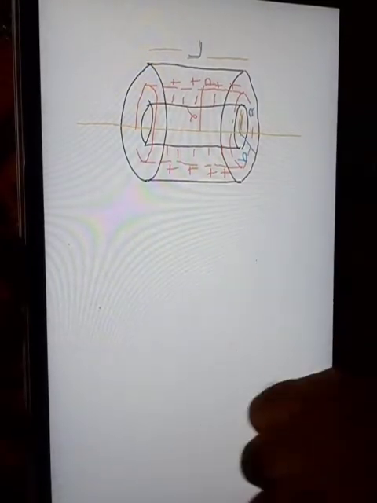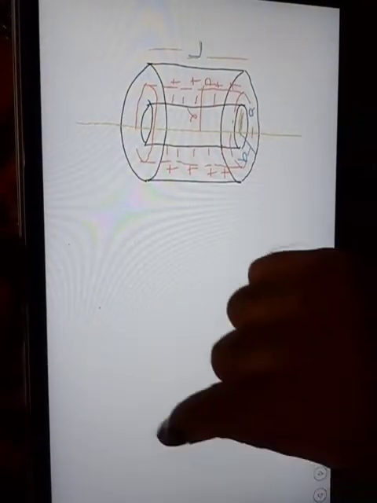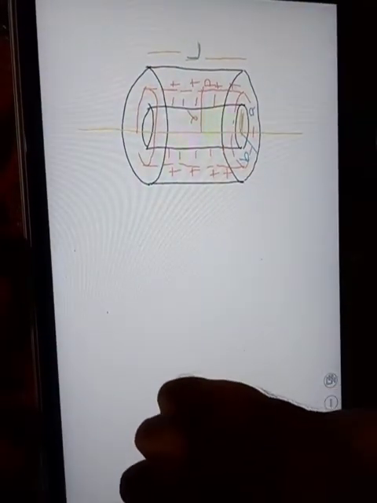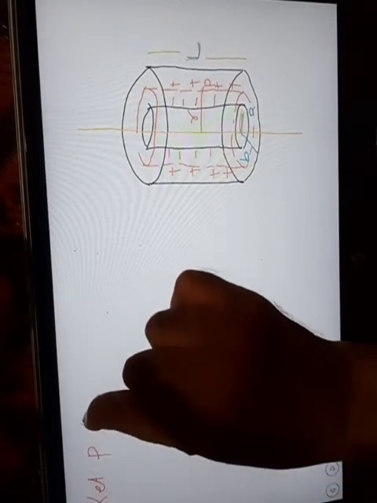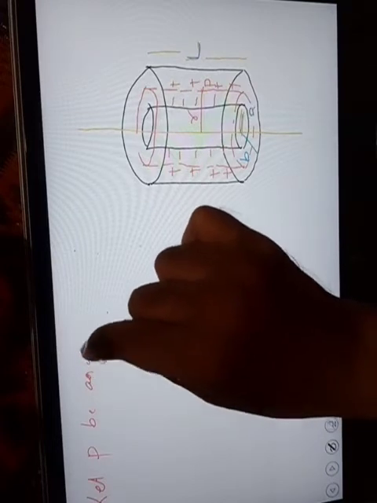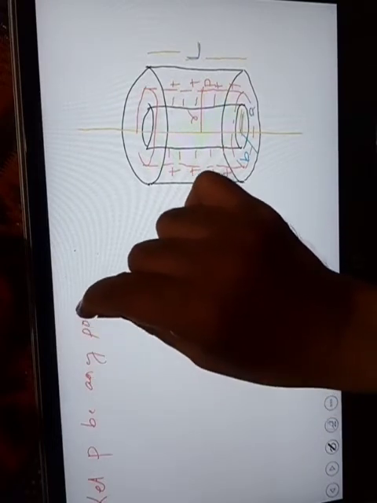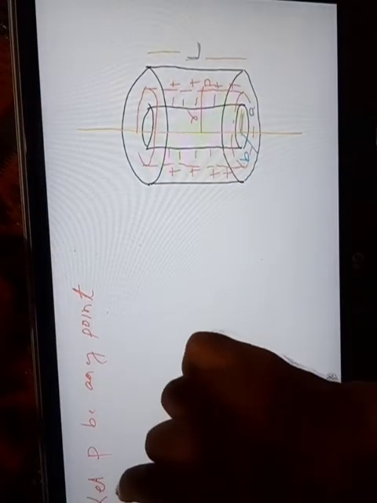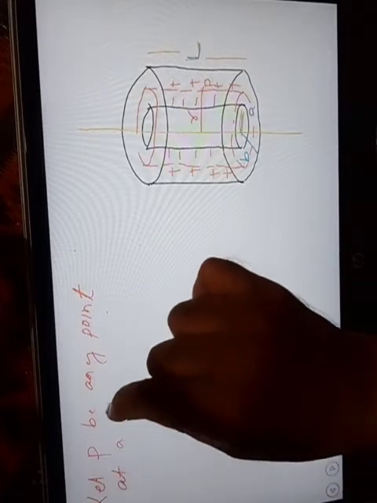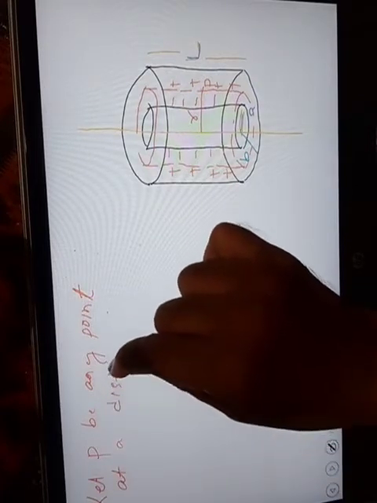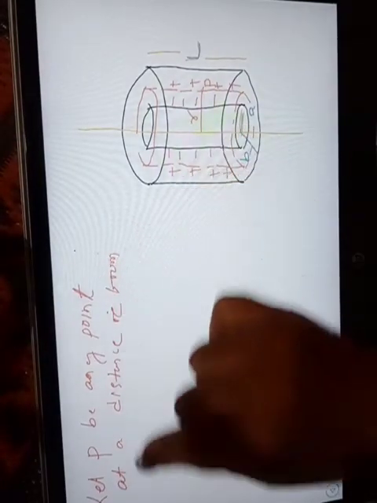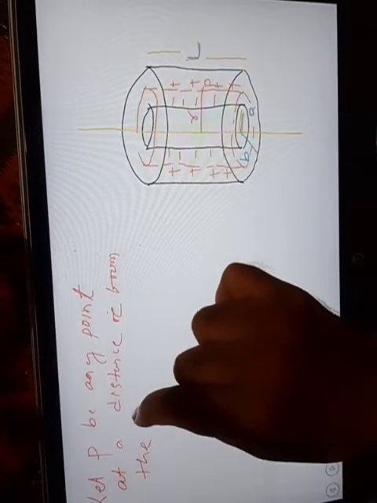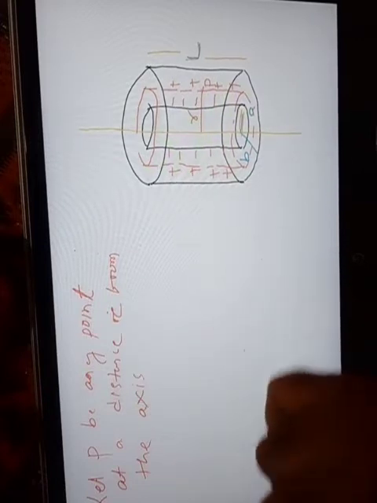So what is the electric flux at the point P? Let P be any point at distance r from the axis. The Gaussian surface behaves like this, so through the point P we can imagine a Gaussian surface. Okay, understand?